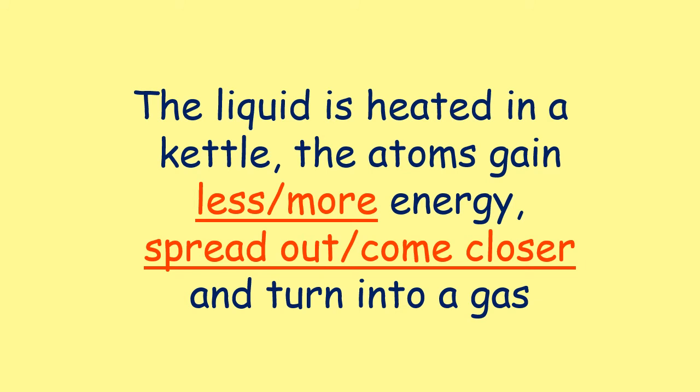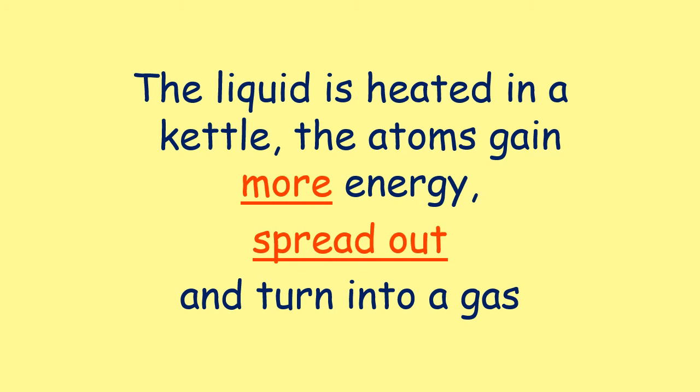First, as the liquid is heated in a kettle, do the atoms gain more or less energy? And second, do they spread out or come closer together? The answer is that the atoms gain more energy and they spread out. They get further apart and turn into a gas.